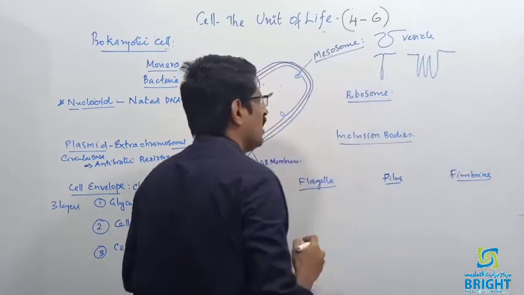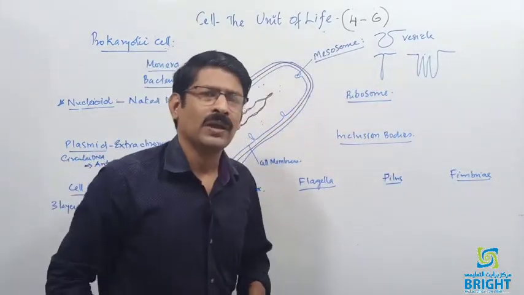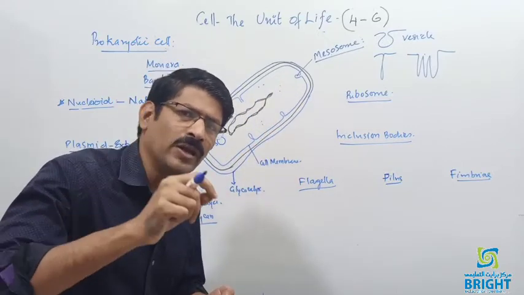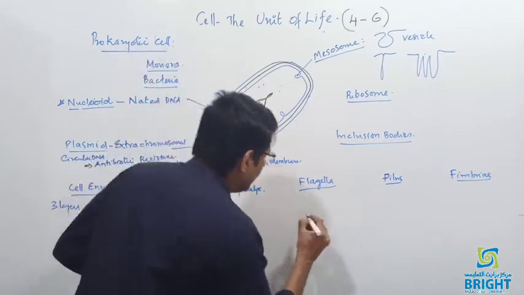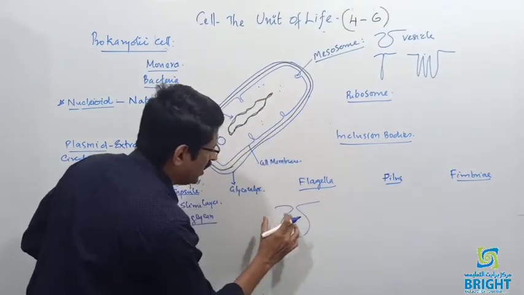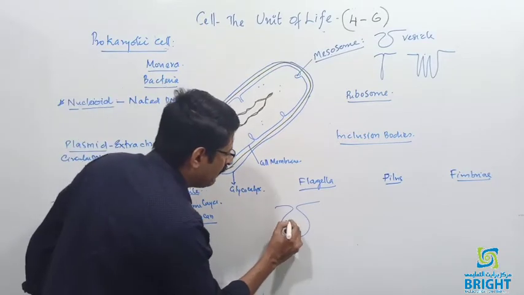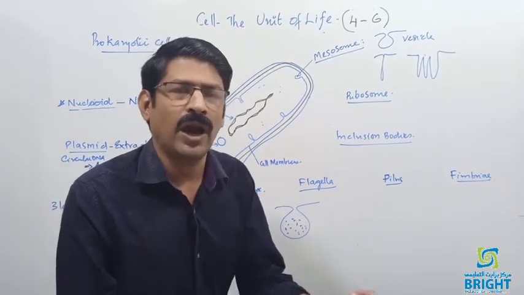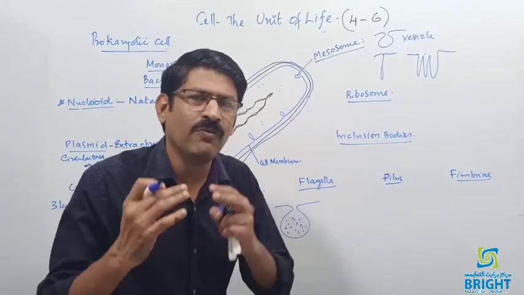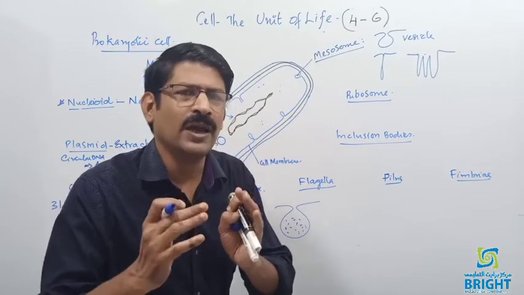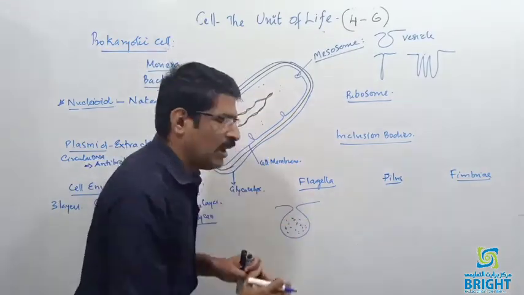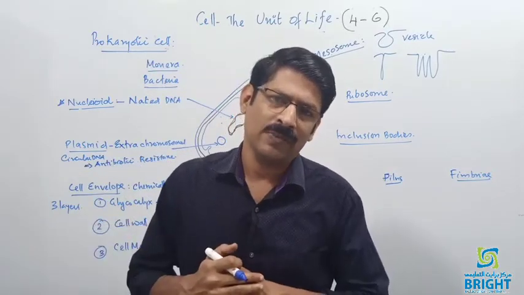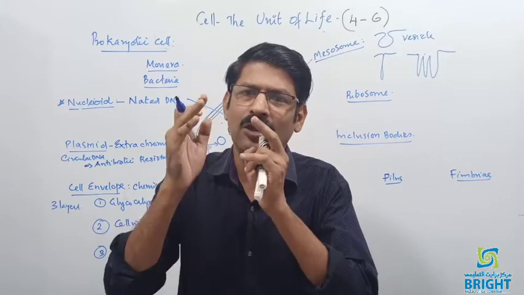Mesosomes are involved in cell division, DNA replication, and secretion, and also in the respiratory process, because it is a membrane bounded structure, an invagination of the plasma membrane, that may contain the enzymes required for the respiratory process. Different enzymes and chemicals are present in the mesosome, and they perform their own function. So mesosomes are very important in the prokaryotic cell.